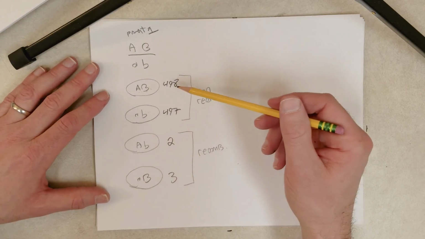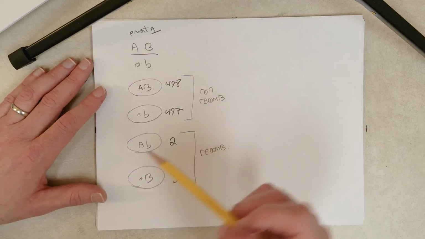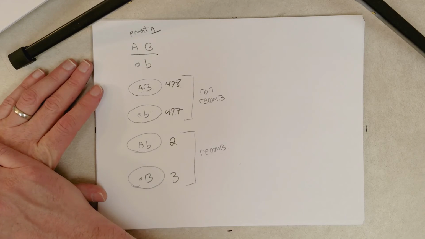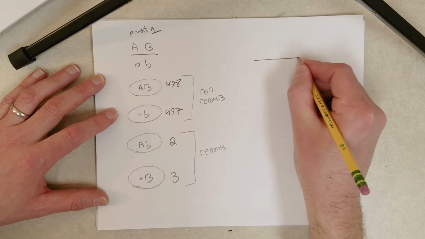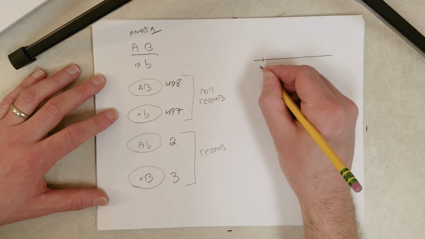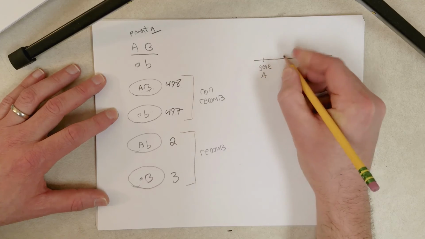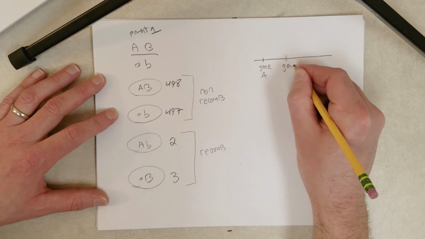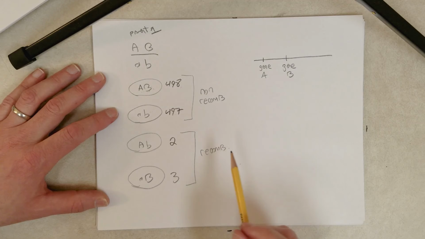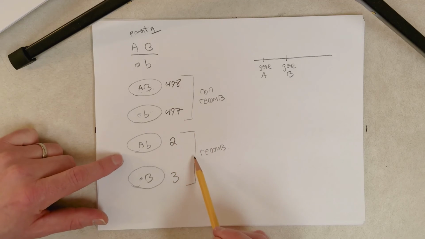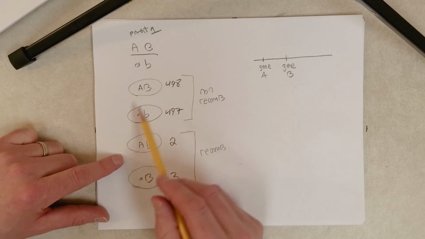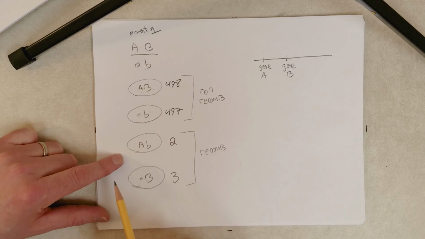Now, we can use these numbers to make a genetic map of the chromosome, at least with respect to genes A and B. So I'm going to put gene A right here and gene B right here. What we need to do is determine what percent of all the gametes made by this individual were recombinant gametes.